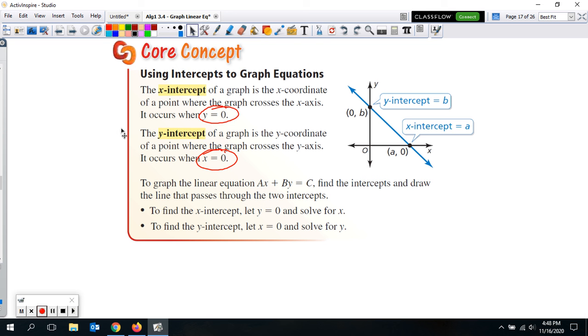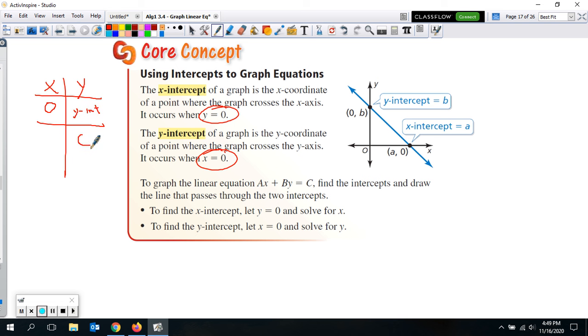Okay? So you have an input and an output. Your input, just like we've done in the past with a table of values, for our x and y axis, if we put in 0 for x, then what I'm going to find as my output is my y-intercept. I'll just put int for intercept.